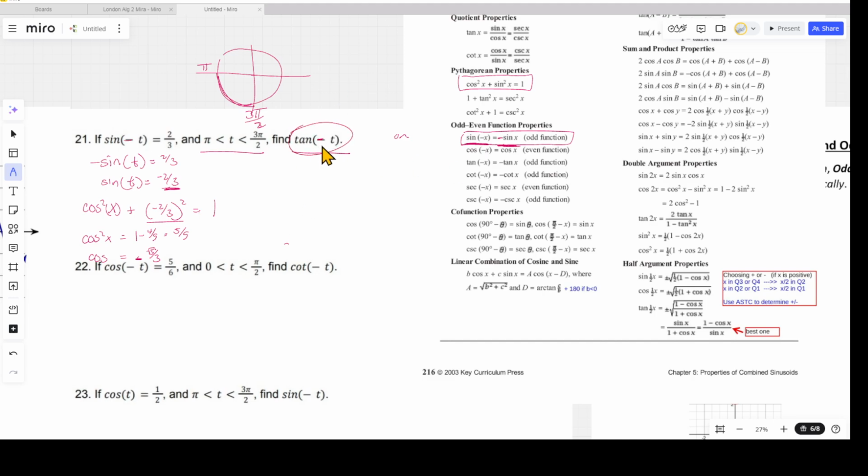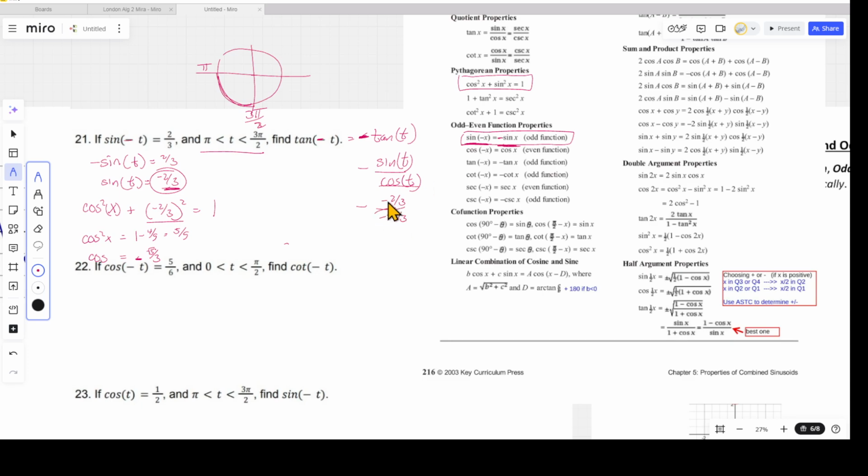And for tangent, I also want to get rid of that negative, so I come over here. In tangent's case, it also becomes just negative tan of regular old t, positive t. And then since tangent is sine over cosine, I can replace sine with negative 2/3 and replace cosine with negative root 5/3.